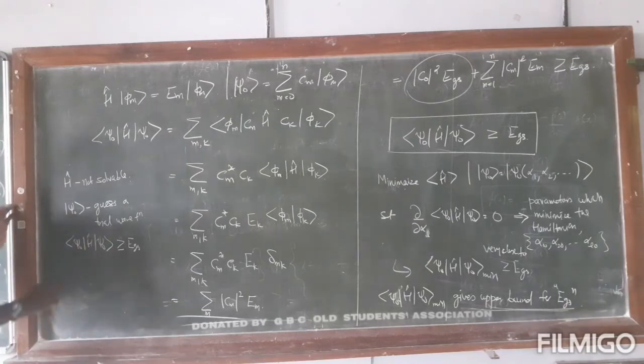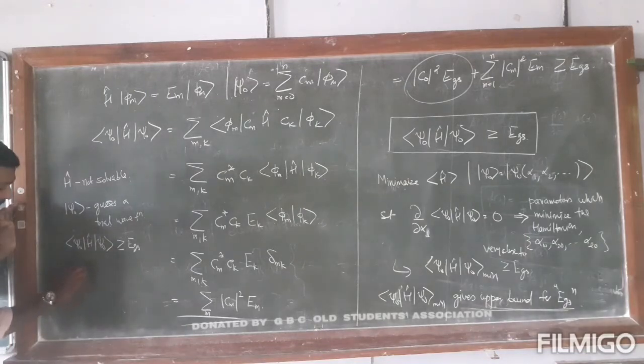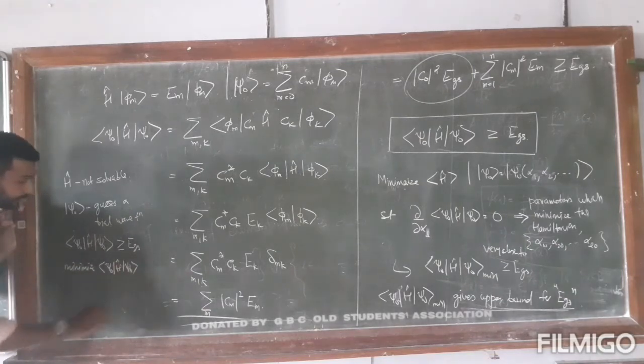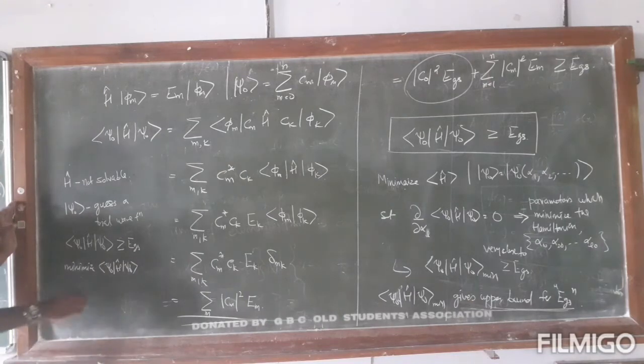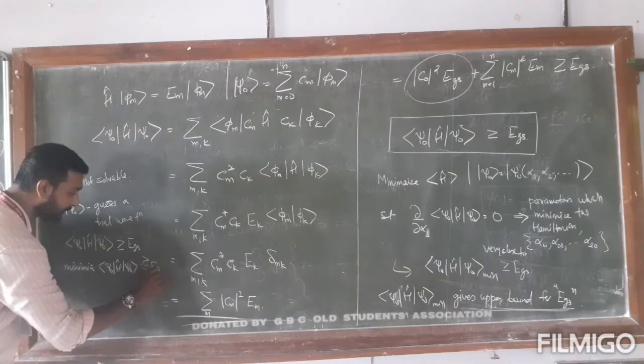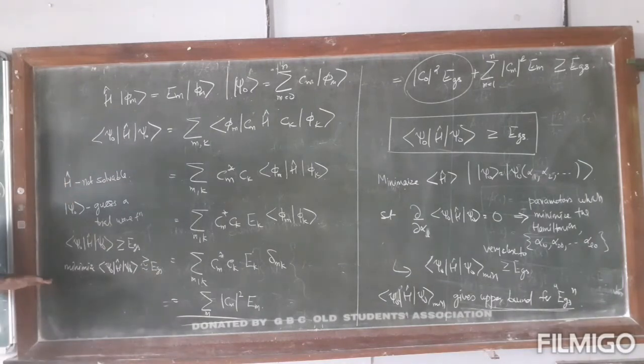Minimize the expectation value in psi 0, and this would be very close to, or greater than, E_GS. So we will get the upper value, or the energy value, very close to the ground state energy.